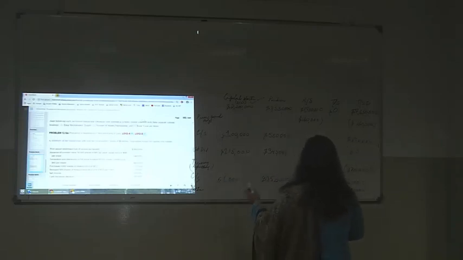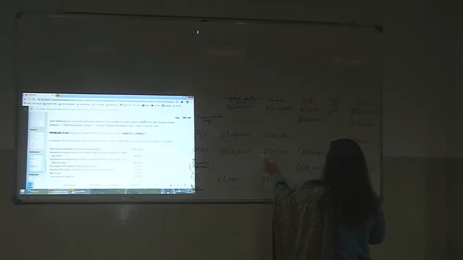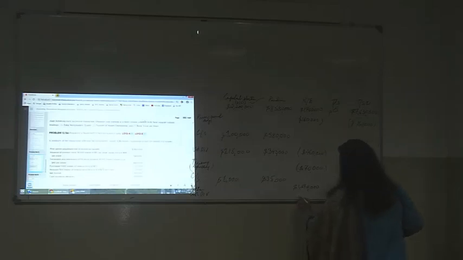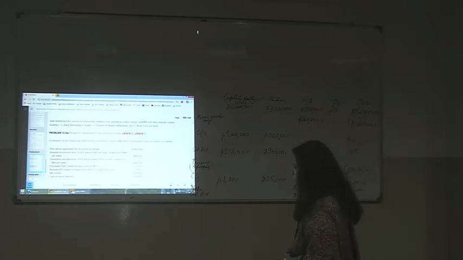Unlike the stock dividends, although they are reducing your retained earnings, you're not also issuing cap, so the net effect would be nil. Cash dividends are 285,400. Sorry, subtracted. This is cash dividend, included in the statement.